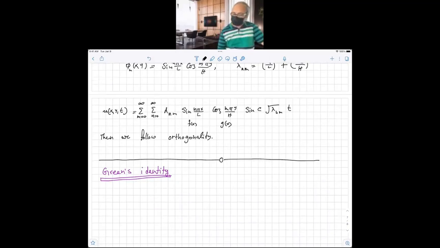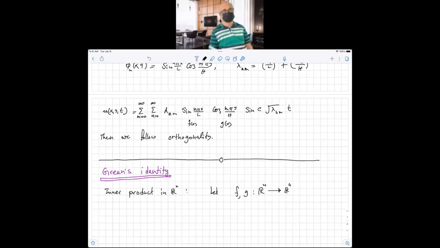Let's first look at multidimensional orthogonality, or the inner product in Rn. So take two functions f and g, from Rn to Rn.